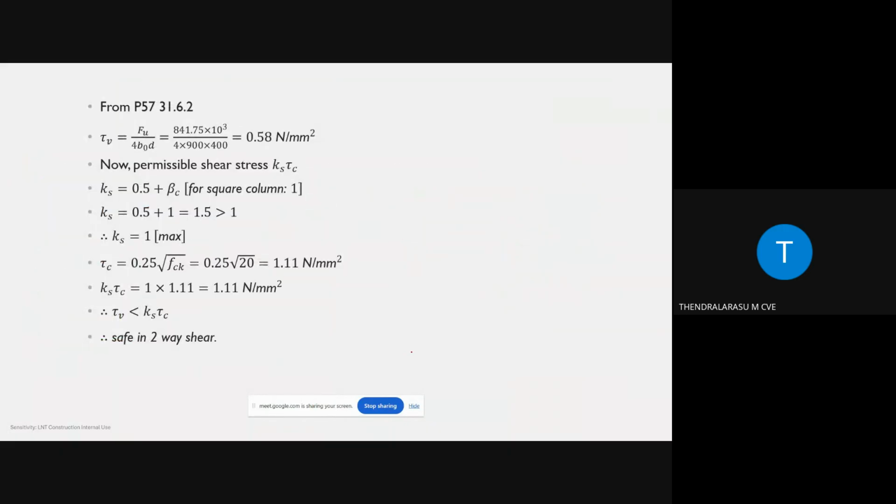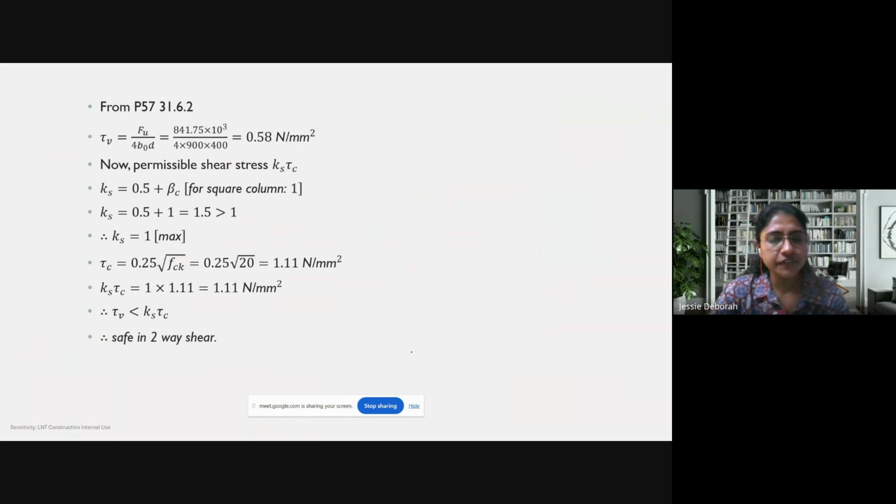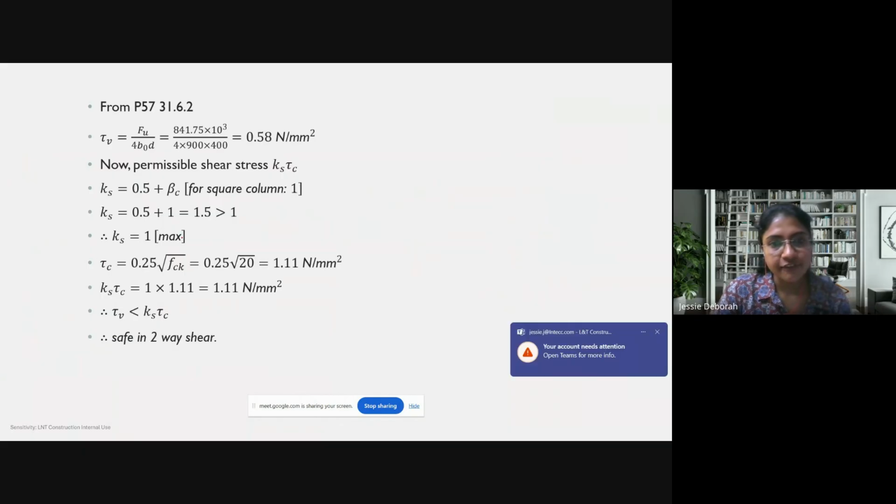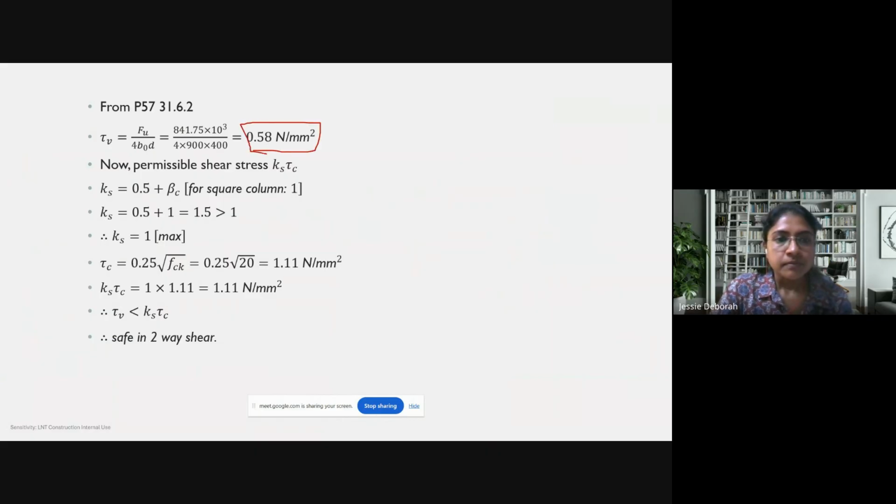From page number 57, clause number 31.6.2 from IS 456, you have this formula tau v, that is Vu by 4 b naught into d. When you substitute this value, you get 0.58 Newton per mm square of tau v. Now your permissible shear stress as per formula is Ks into tau c.